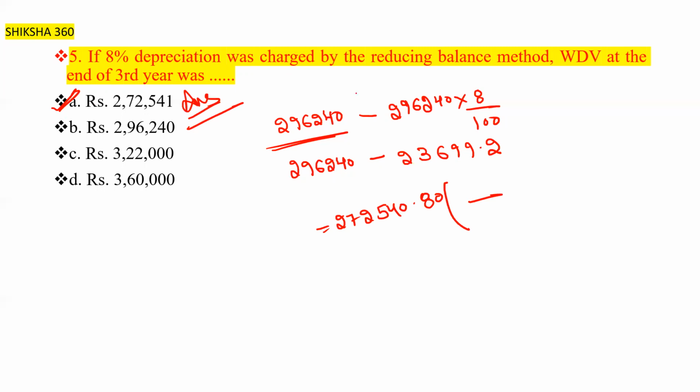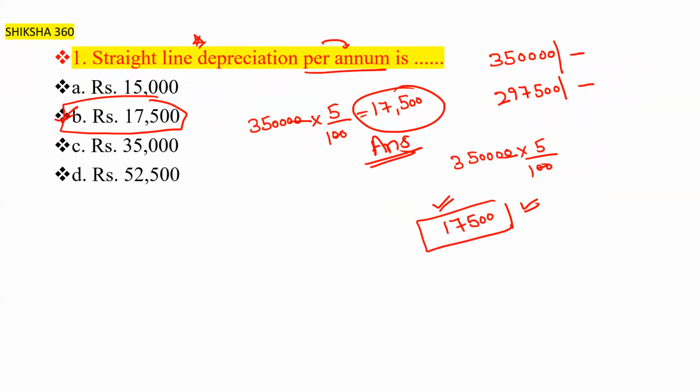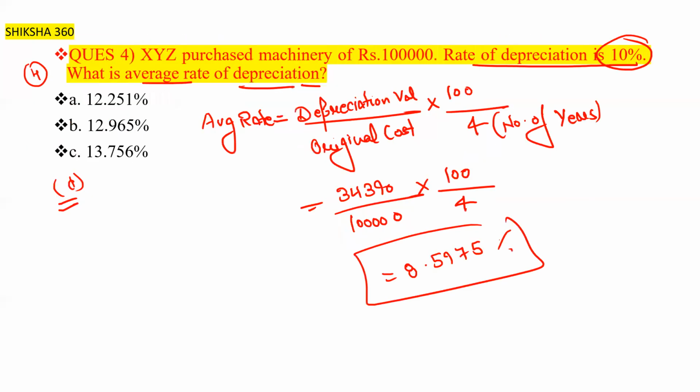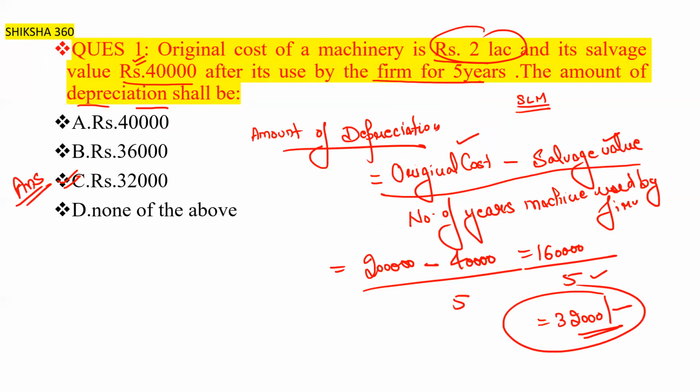These types of question, for the understanding purpose of the concept, are very beneficial for you. So I request to all of you, please go through all these points once again so that you are able to understand them. In this session, we discussed a total of 9 questions related to straight line method and the written down value method.